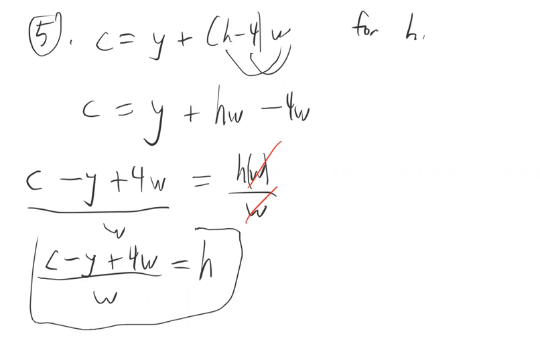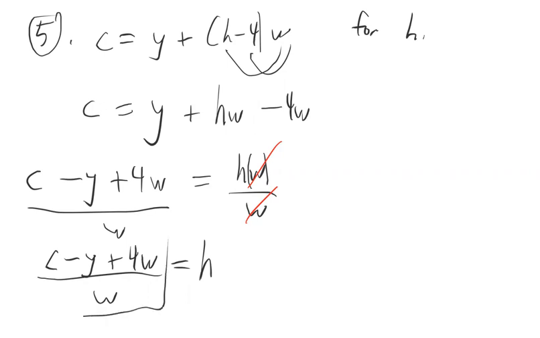Actually, the answer key already has the h already there on the problem where you put the answer in the box. So for the answer that you fill in, you only have to put in the c minus y plus 4w over w. All right, now let's do problem 6.